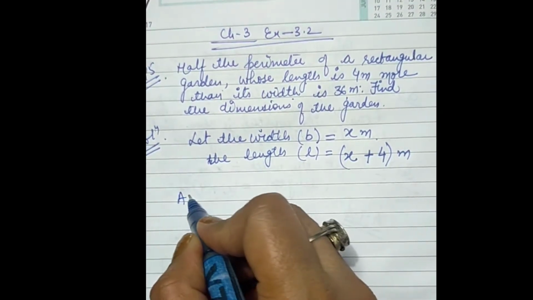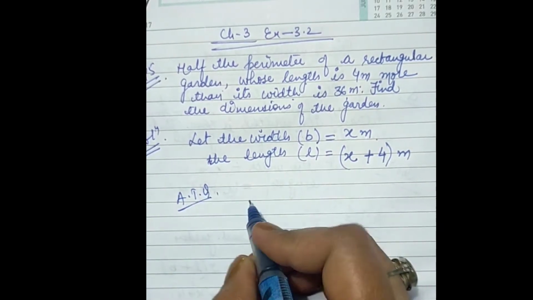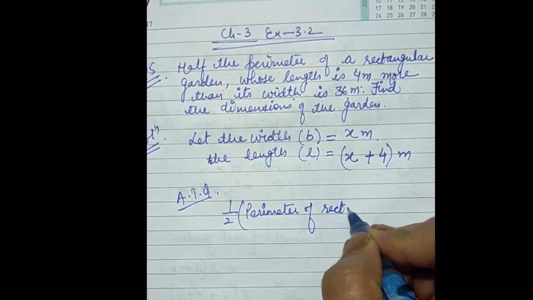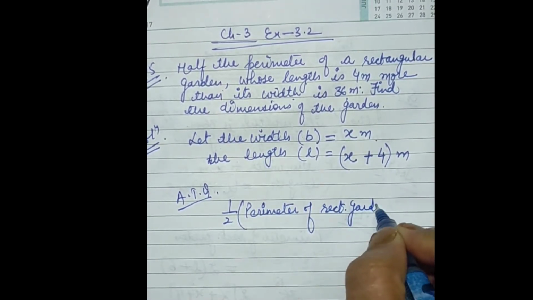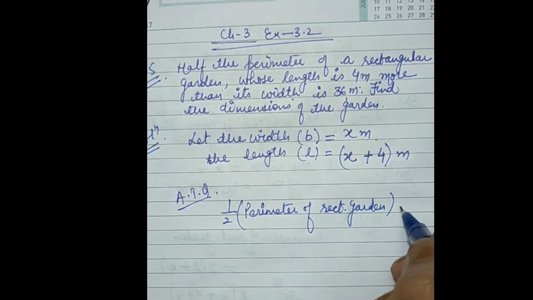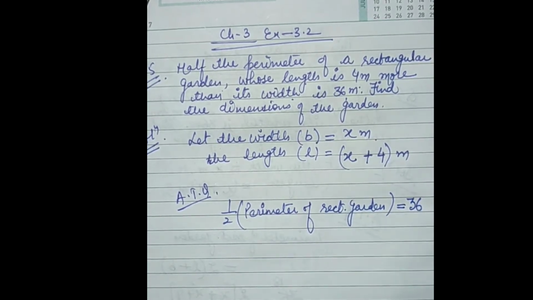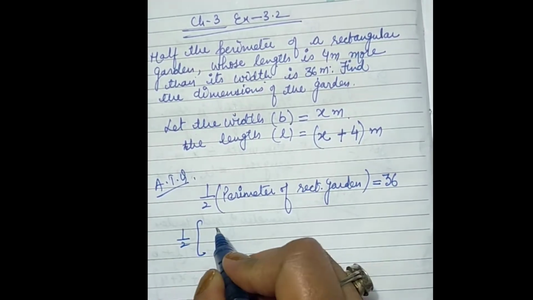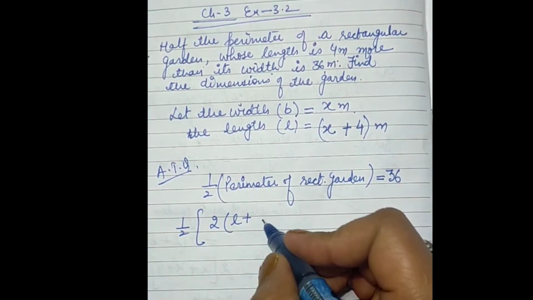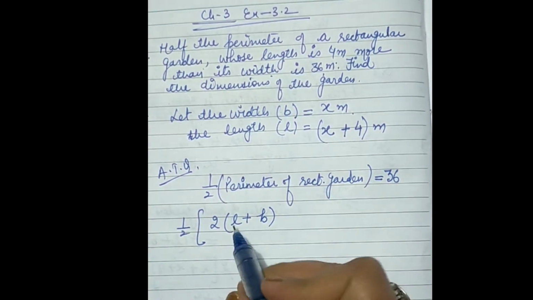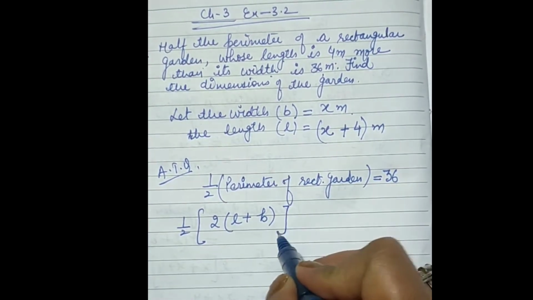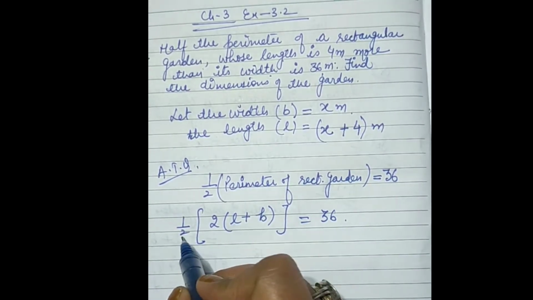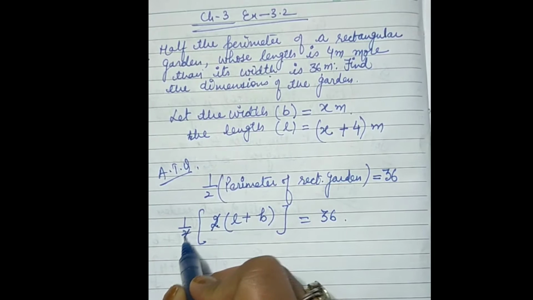Now according to the question we have been given that half the perimeter of the rectangular garden is equal to 36 meter. Now what is the formula for perimeter? That is twice length plus breadth, 2 dimensions. This is equal to 36. Now this 2 and this 2 get cancelled.